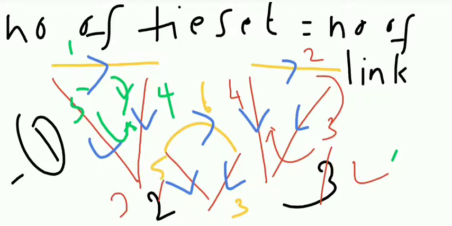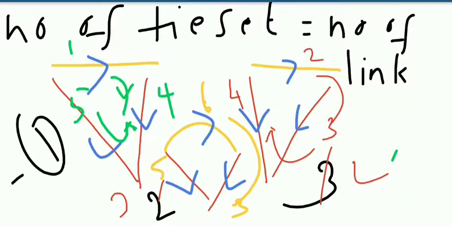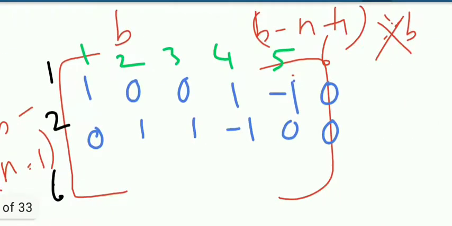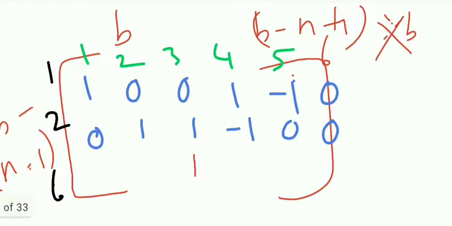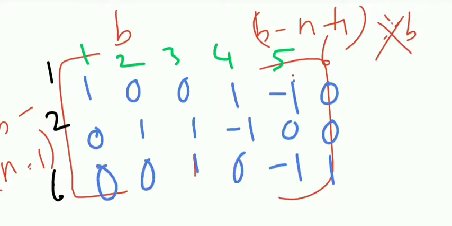So 6 is a link, so plus 1. 3 is also going along the direction of 6, so plus 1, but 5 is opposite. So 3 and 6 are plus, 5 is minus. The rest of the branches are not available for calculation.